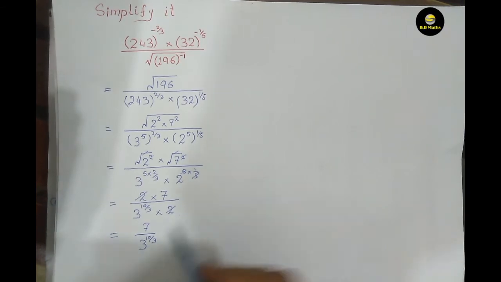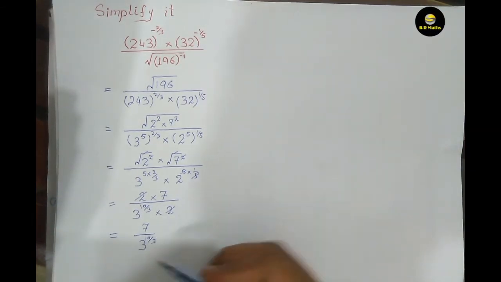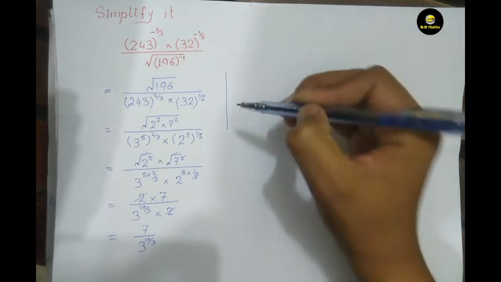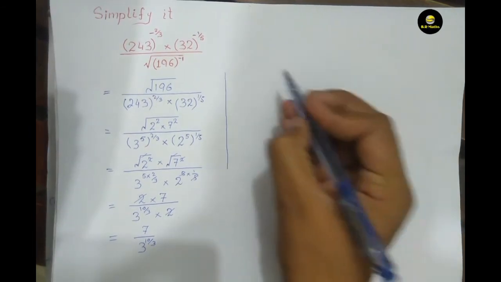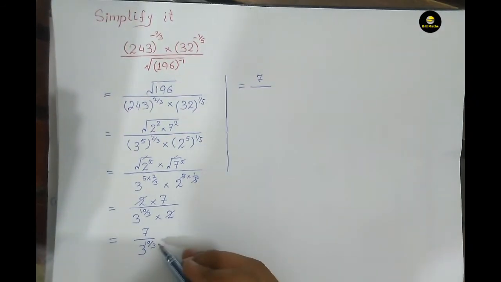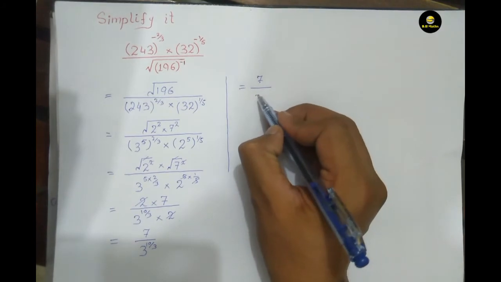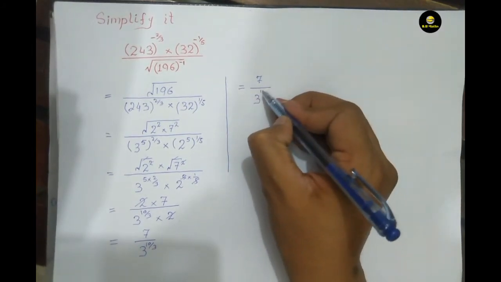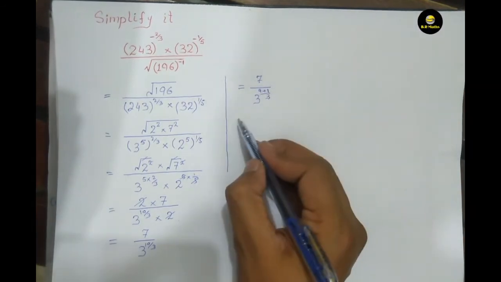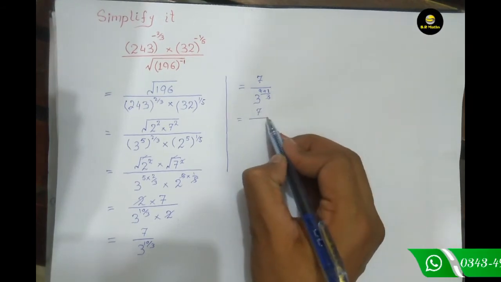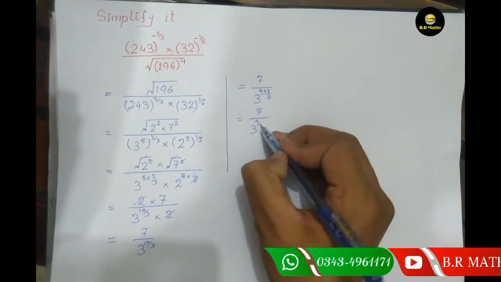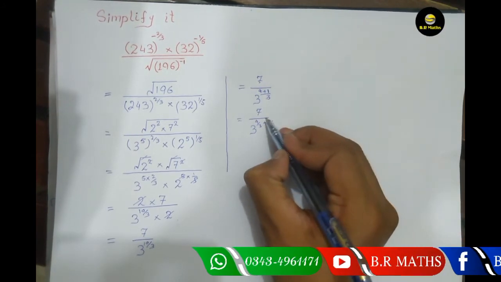For this purpose, let us simplify this one. 7 over 3 raised to power 10 over 3: we write 10 in the form 9 plus 1, over 3. And 9 plus 1 over 3 means 9 over 3 plus 1 over 3.